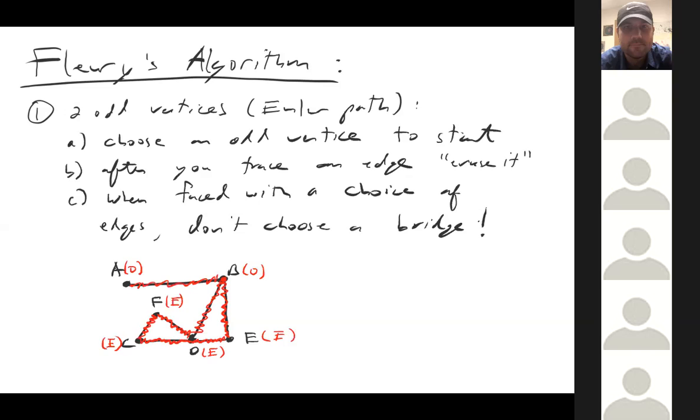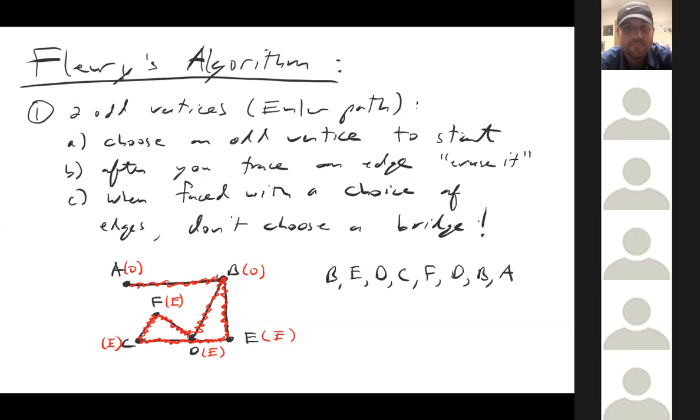Okay, so that route I just took was B, followed by E, followed by D, followed by C, followed by F, back to D, up to B, and over to A. And I hit every edge once and exactly once.